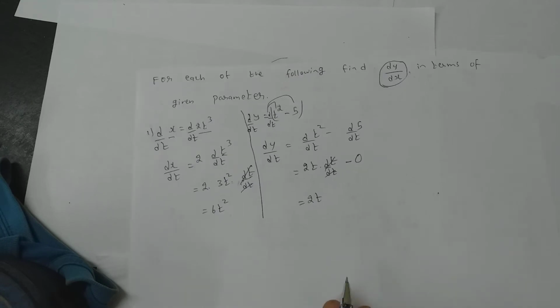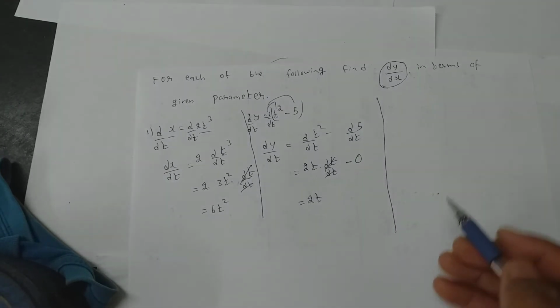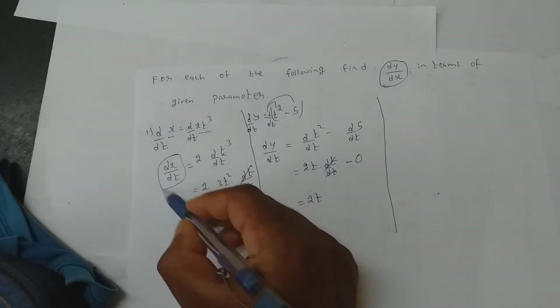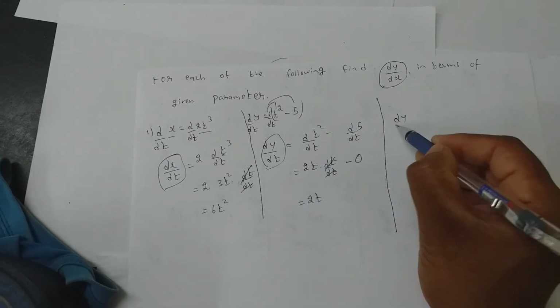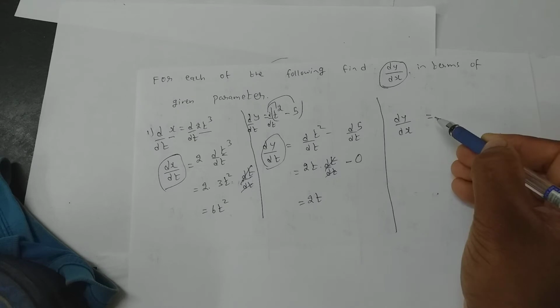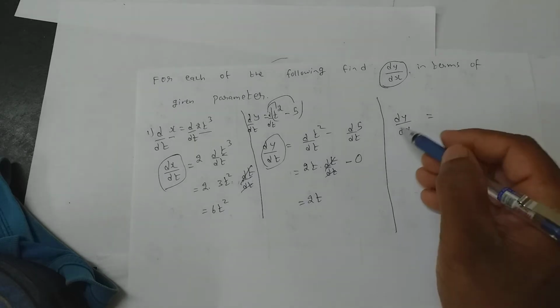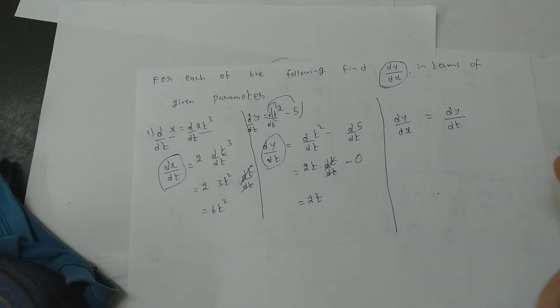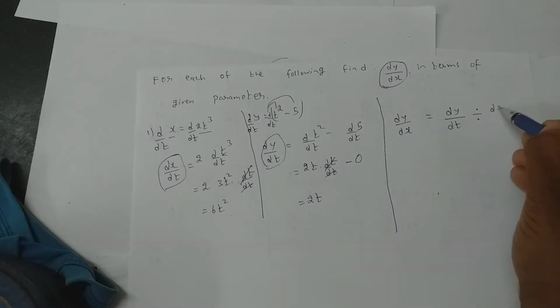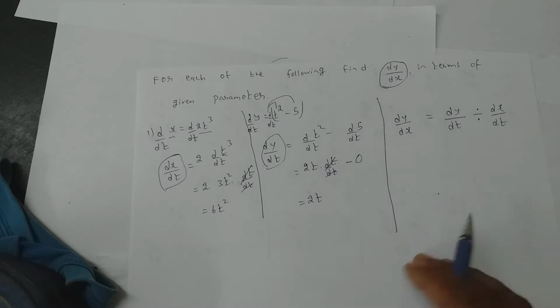Am I clear? Now the sum is not yet over. I have dx by dt and dy by dt. How can I make use of these two to get dy by dx? See, dy by dx can be written as dy by dt divided by dx by dt.